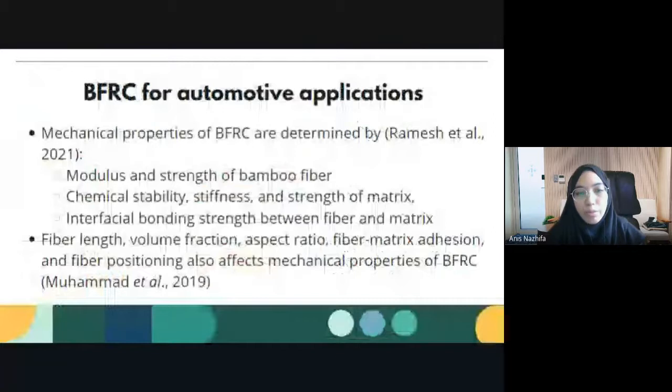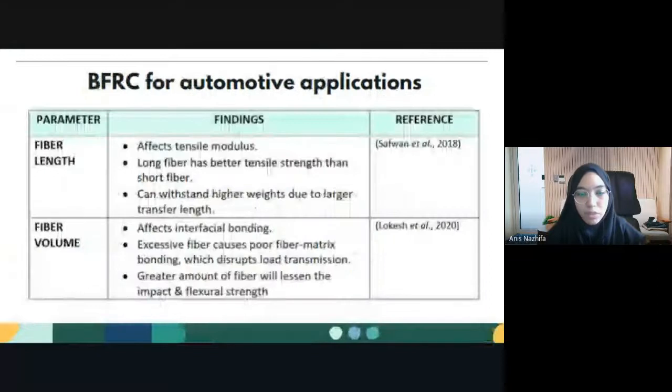The mechanical properties of BFRC are determined by the modulus and strength of the fiber, chemical stability, stiffness and strength of the matrix, and interfacial bonding strength between bamboo fiber and its matrix. Fiber length, volume fraction, aspect ratio, fiber matrix adhesion, and fiber positioning also affect the mechanical properties of BFRC. For instance, fiber length determines the composite's tensile modulus.